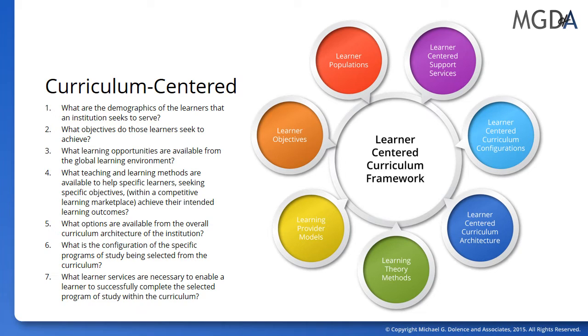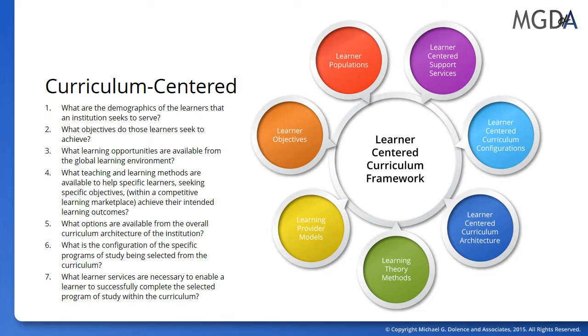The seventh question asks, what learner services are necessary to enable a learner to successfully complete the selected program of study within the curriculum? The question itself recognizes the importance of learner services to the learning process. Answers to this question help curriculum designers forge a comprehensive inventory of enabling services to address the various issues learners must overcome to successfully engage the learning required in a program of study.